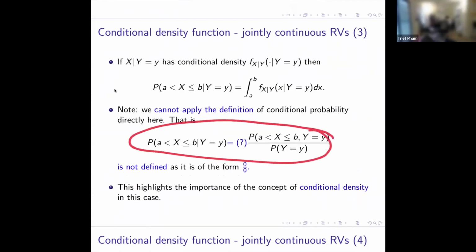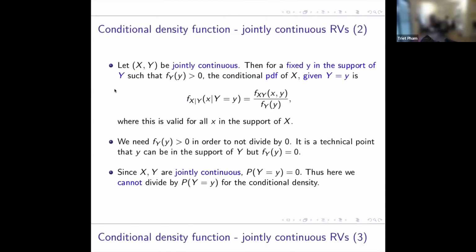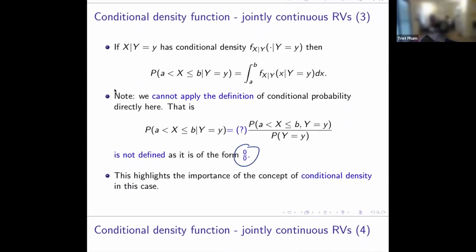Here I was saying that you cannot apply the definition of conditional probability directly to the case of jointly continuous random variables. Notice, here's another difference. In the case up here, you have something non-zero and you may divide by something zero if you happen to divide by something like this. But down here, what you have is an indeterminate case. 0 over 0 is not undefined.